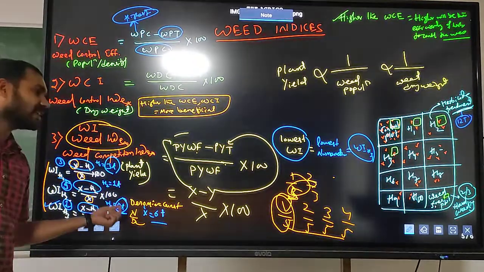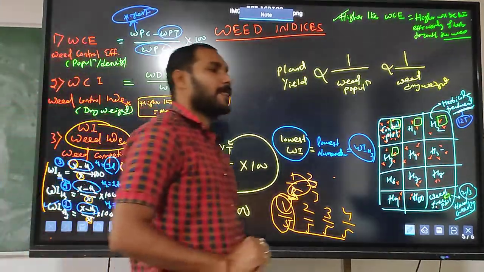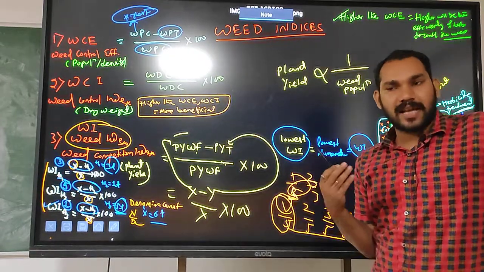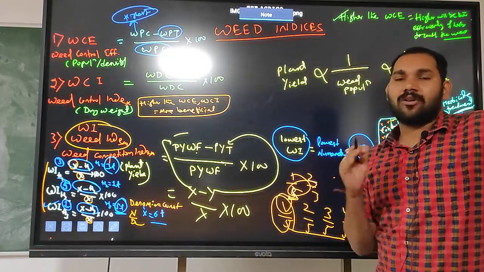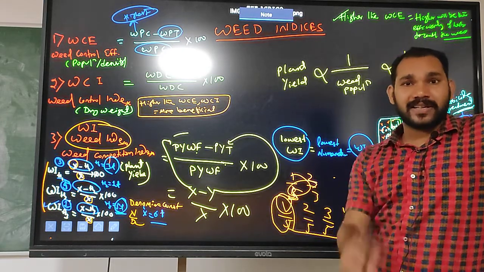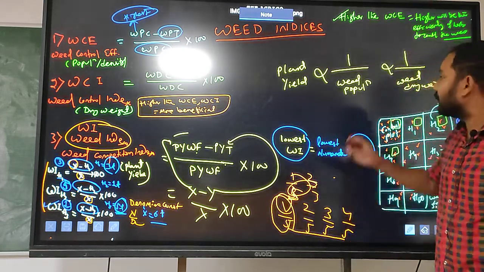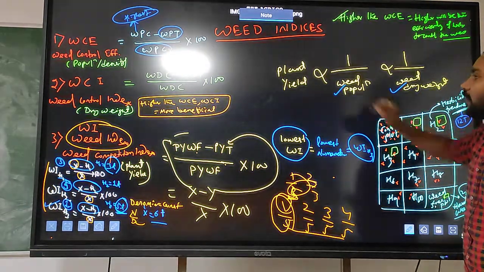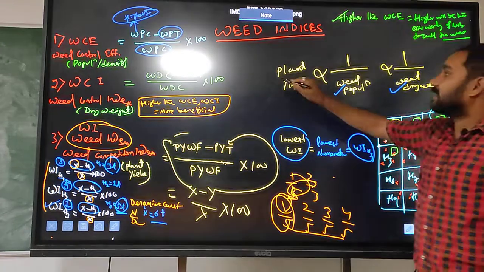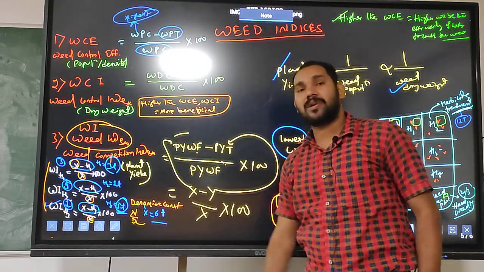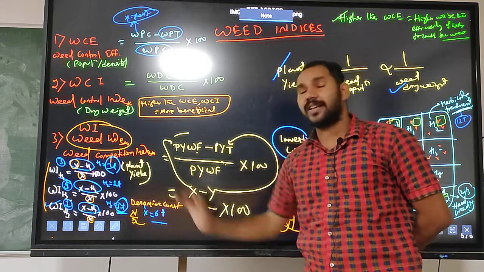If the H3 yield is better, then that herbicide is good. I have already told you, a herbicide is good if the weed dry weight is less. If the weed population is less, then only the plant yield will be high. Here the plant yield is high in herbicide 3 among these three.